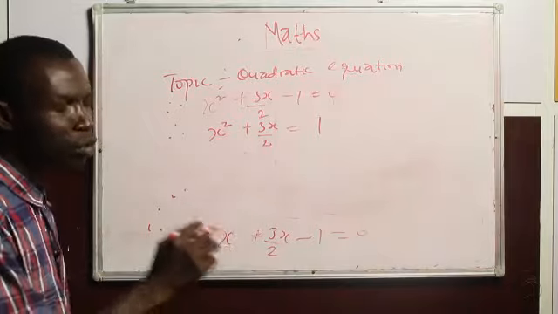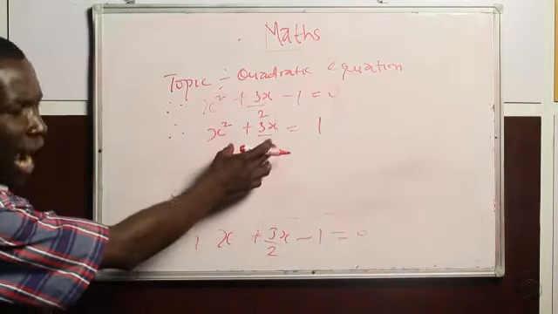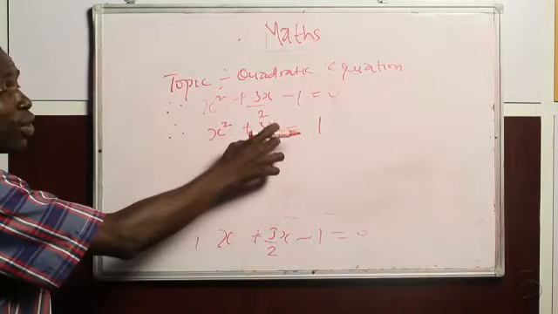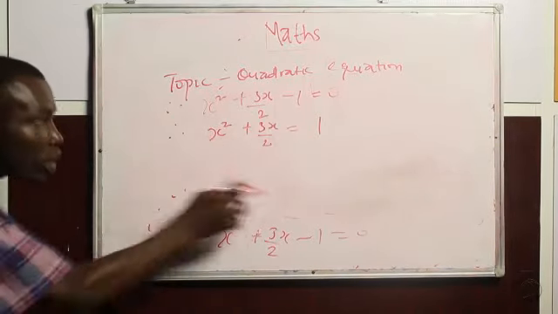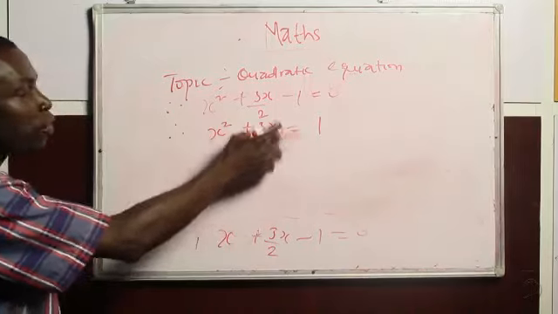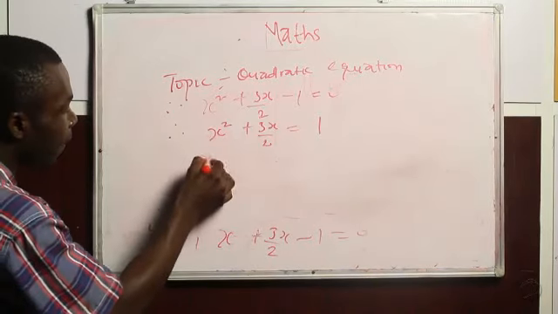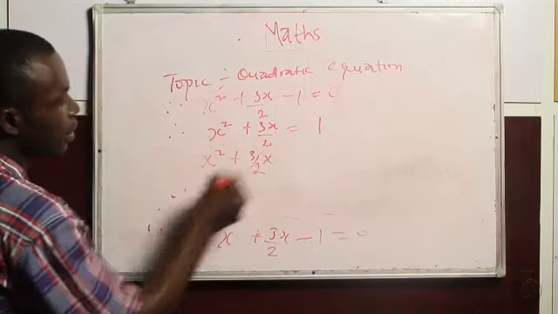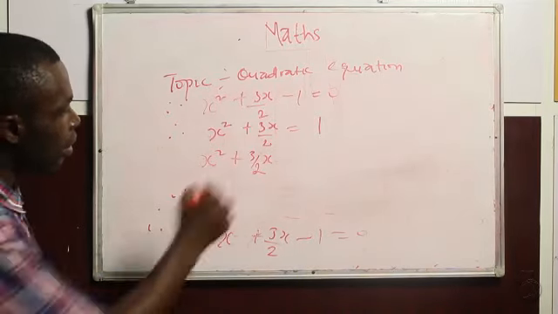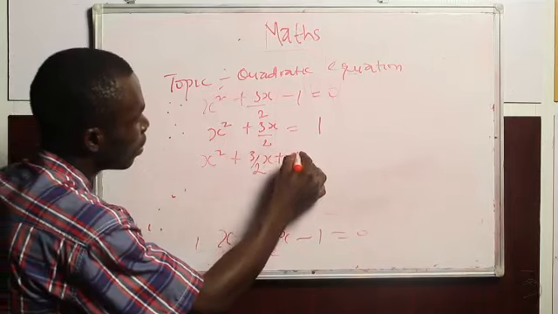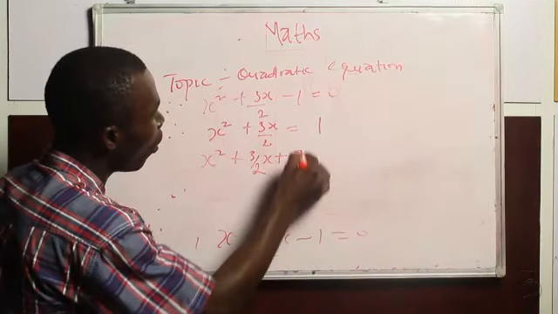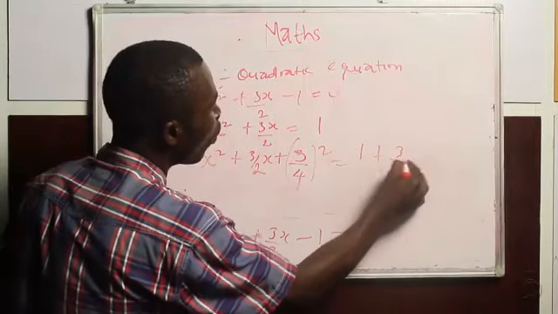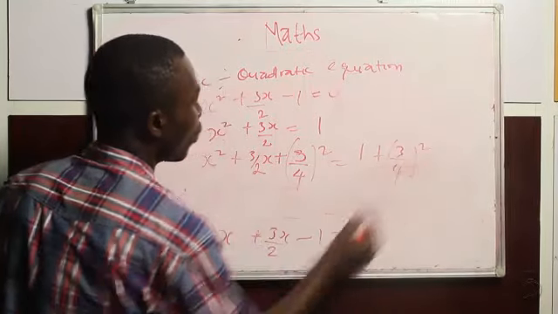The thing we have to do is that we are going to add the square of the half of 3 over 2. What is the square of the half of 3 over 2? That is x squared plus 3 over 2x plus 3 over 4 all square equal to 1 plus 3 over 4 all square.